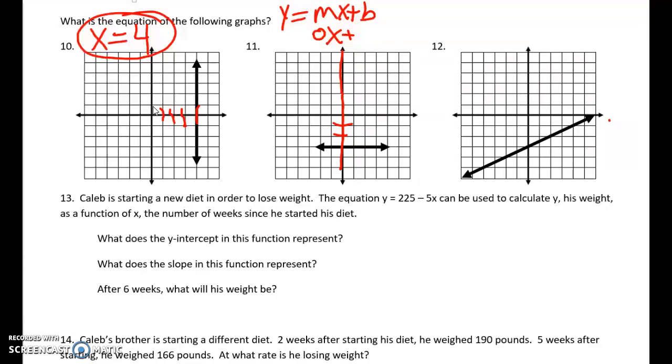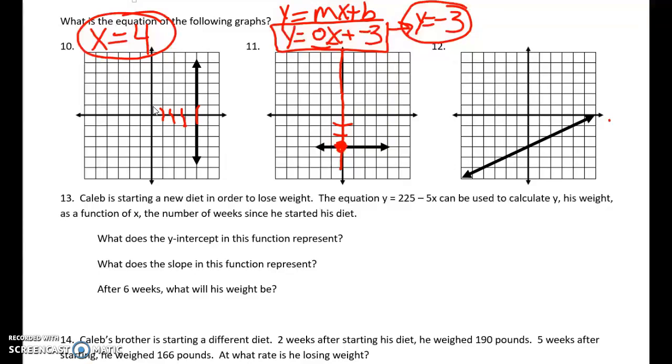It crosses at negative 3. I don't want to leave it like this. That is not simplified. 0 times x is 0, so I'm going to simplify that and say y equals negative 3. There's my answer.